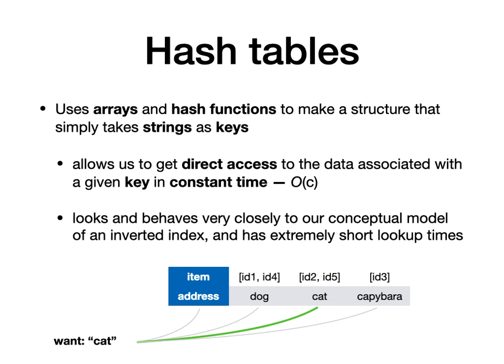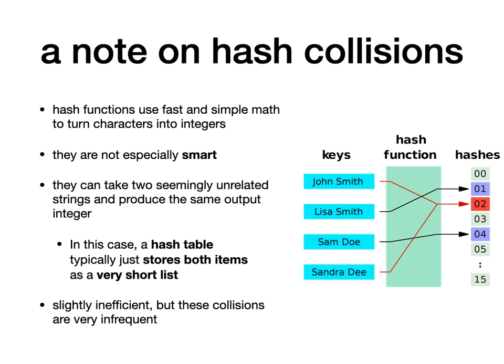Now, why might you not use hash tables at scale? And why do we even talk about search trees, etc.? The answer is hash collisions. Hash functions try their best to convert a string into a unique numerical integer value.